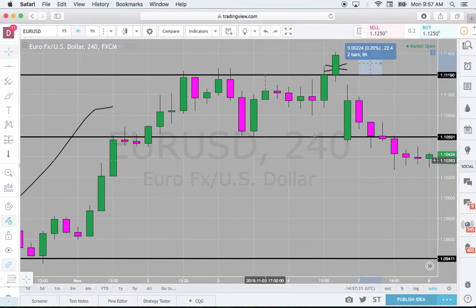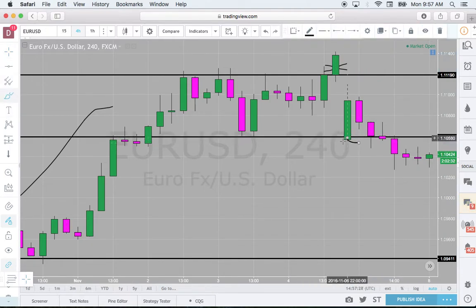Again, the dealer gaps here. He gapped all the way down here on you. If you held your trade over the weekend, the dealer gapped 70 pips.